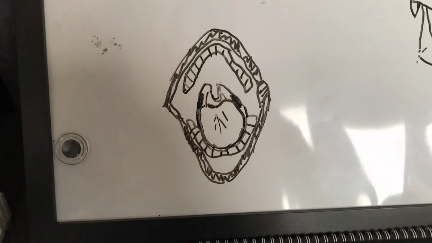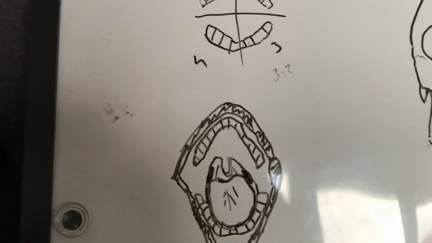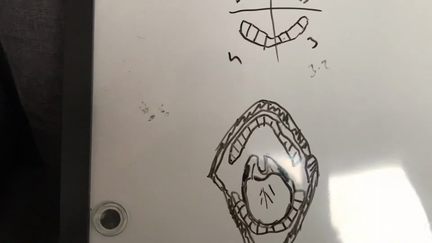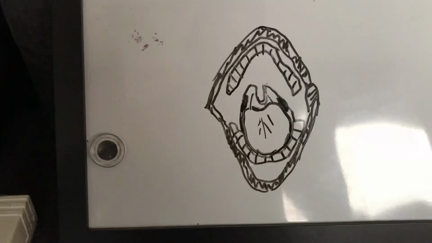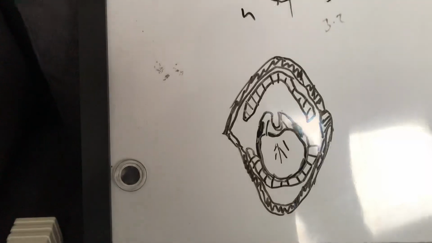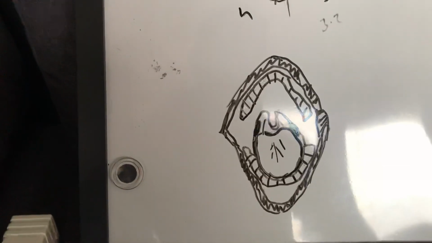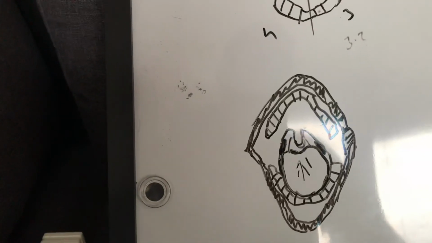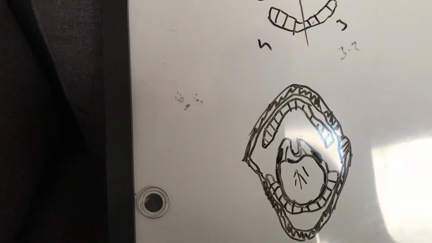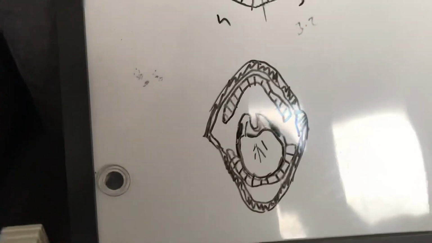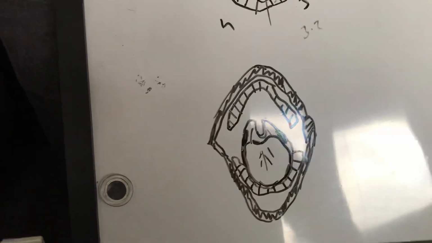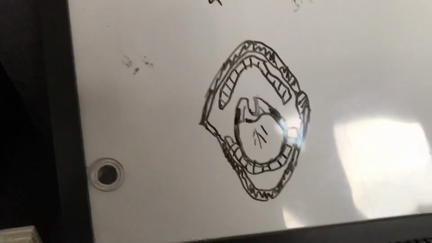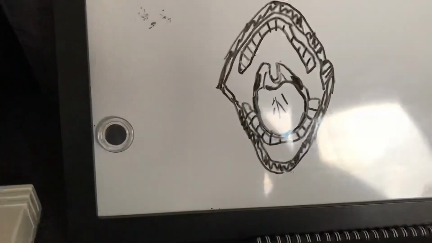This way we can examine the symmetry of the soft palate, and if the uvula is deviated to one side or another, which can also indicate, if the patient doesn't even say ah and it's already deviated, it can indicate tonsil cancer.